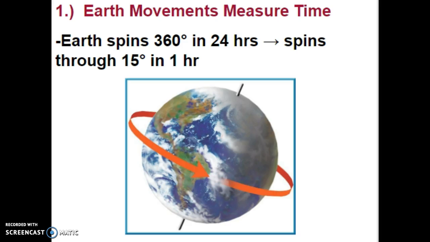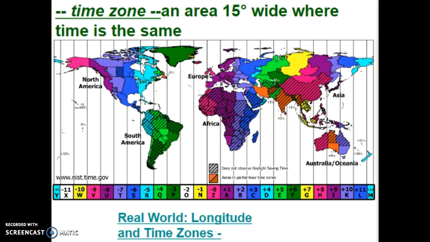And so every 1 hour that passes through our 24-hour day, the Earth completes 15 degrees of its 360-degree revolution. And so that is how we develop our time zones. So a time zone is an area roughly 15 degrees wide where the time is the same. So everyone within that same time zone will have the same time on their watch.